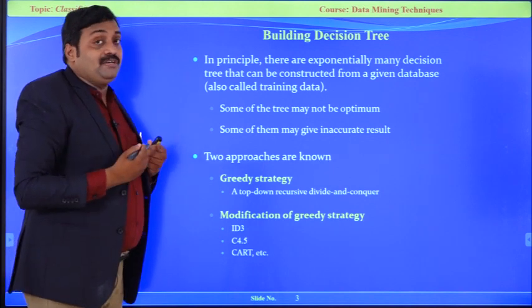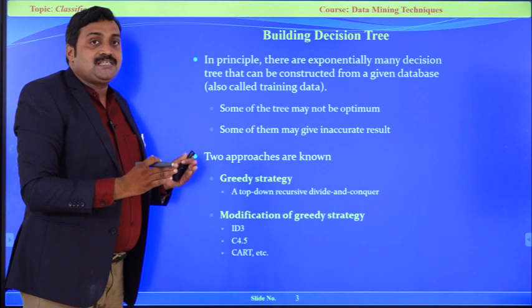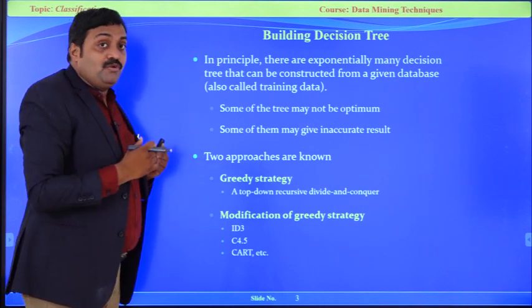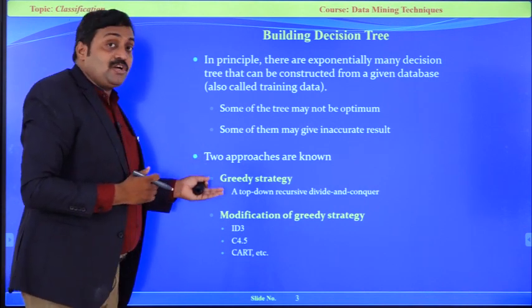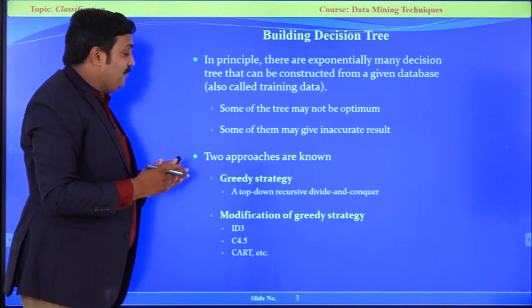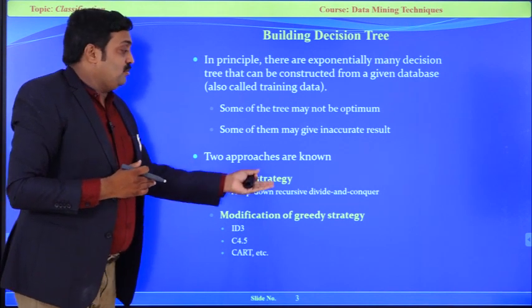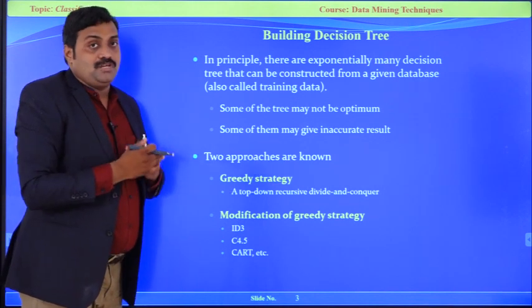To overcome that, we should have some strategy, some mechanism. So some mechanisms we are going to follow. The basic approach is the greedy strategy. The greedy strategy is a simple top-down recursive divide and conquer concept.